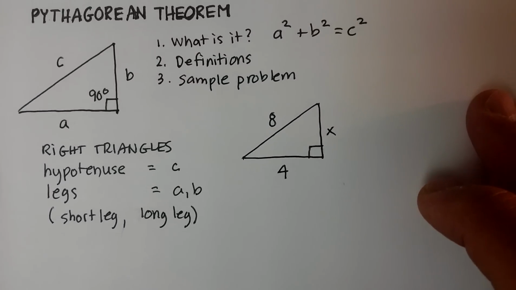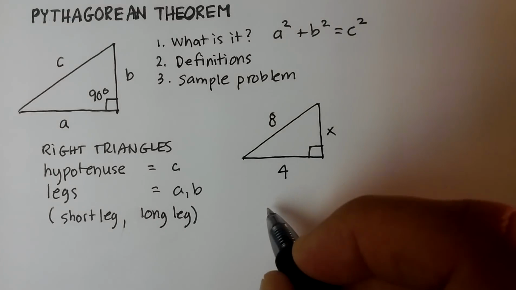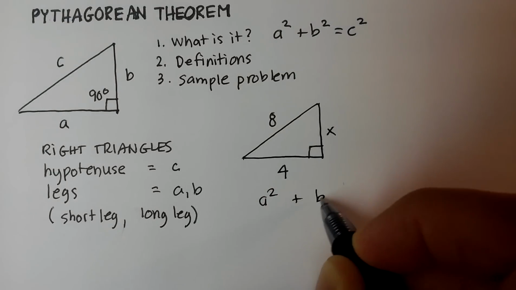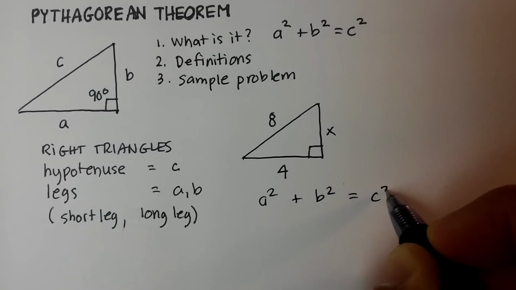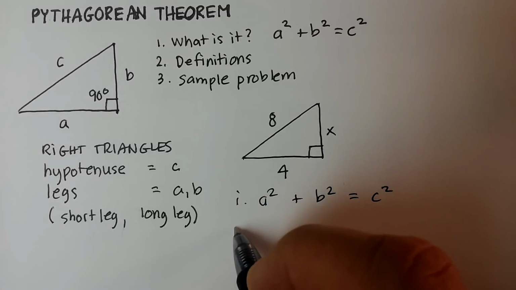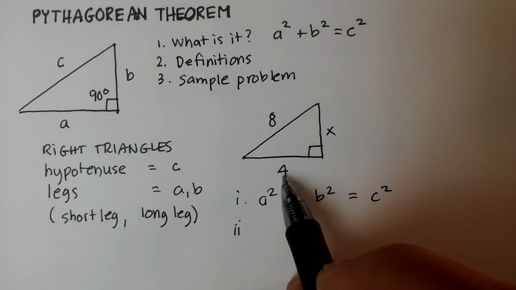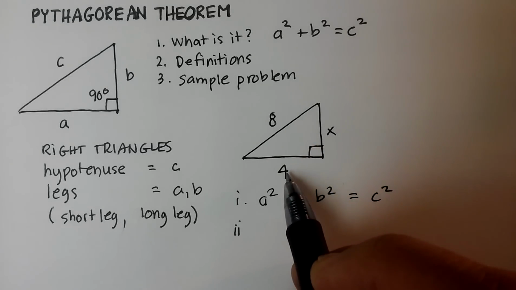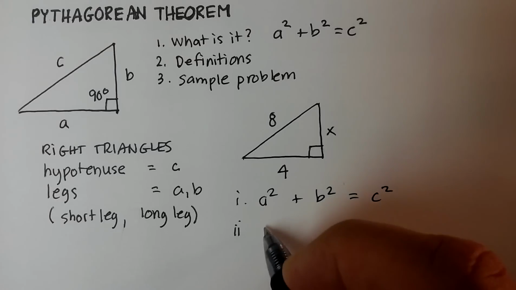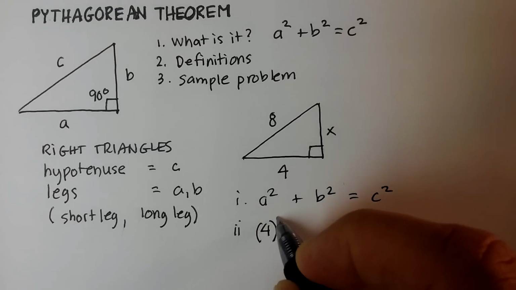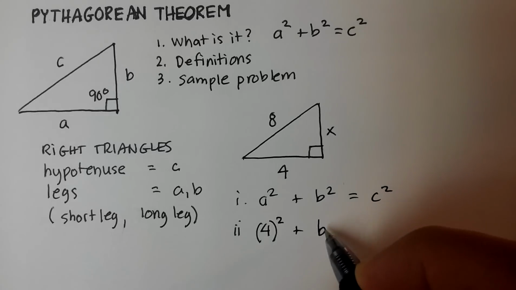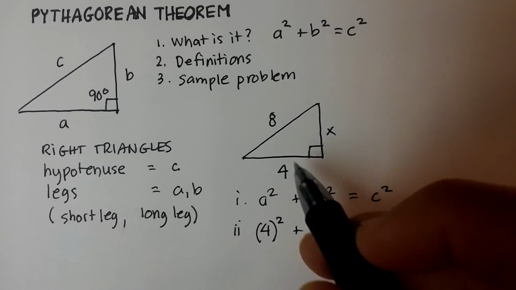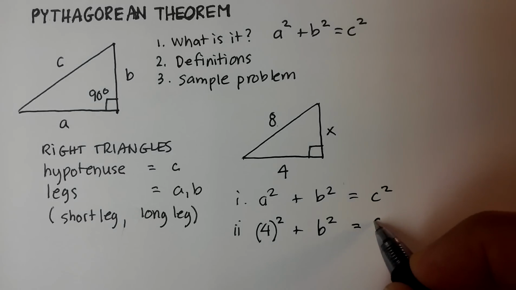Using the Pythagorean theorem, we're going to say that a squared plus b squared is equal to c squared. That's my first step. Second step, let's go ahead and fill in the numbers that we do know. We can call this one a, so we'll say that 4 squared plus b squared, in this case b squared is going to be the x, is equal to 8 squared, which is the c.